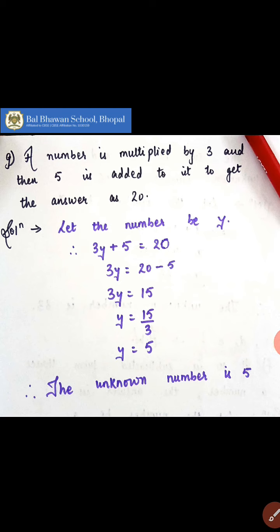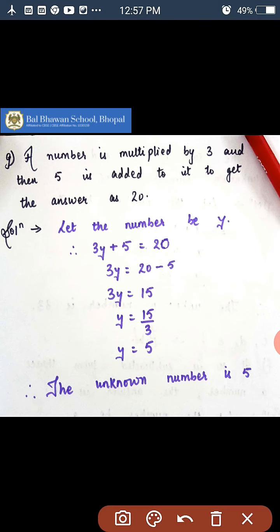A number is multiplied by 3 and then 5 is added to it to get the answer as 20. We have to find the number. So let us assume that the number is y. Now when you are multiplying 3 to the number, it becomes 3y.